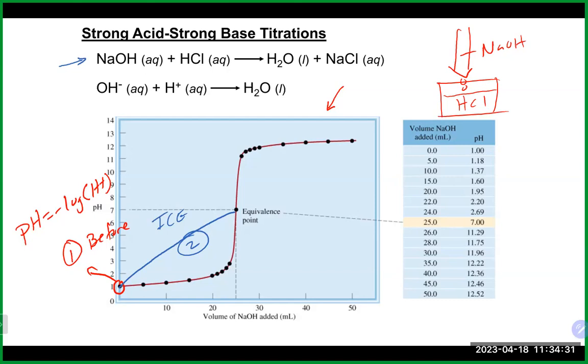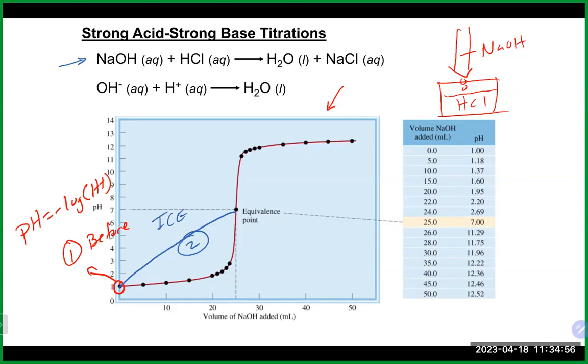At this point, you will have plenty of your strong acid to handle whatever base comes in from the strong base. The purpose of this ice table is to figure out the new concentration of the strong acid left over in the beaker as it changes when you add some of the sodium hydroxide. So we would do this ice table in moles.